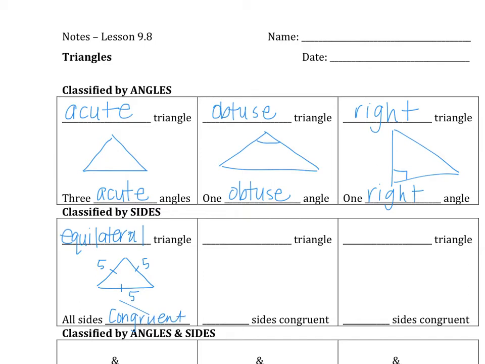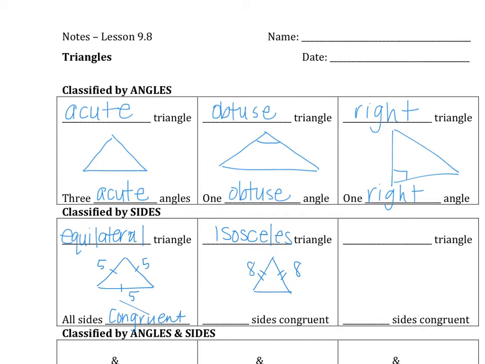So that is all sides are congruent. Another triangle is an isosceles. An isosceles triangle means that 2 sides are the same. So these 2 sides, let's just say they're 8.